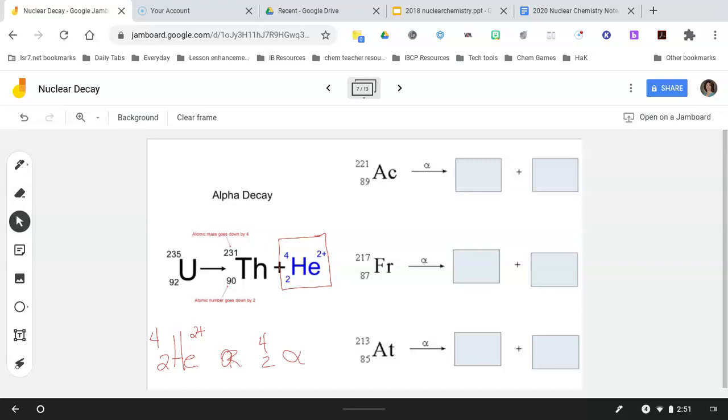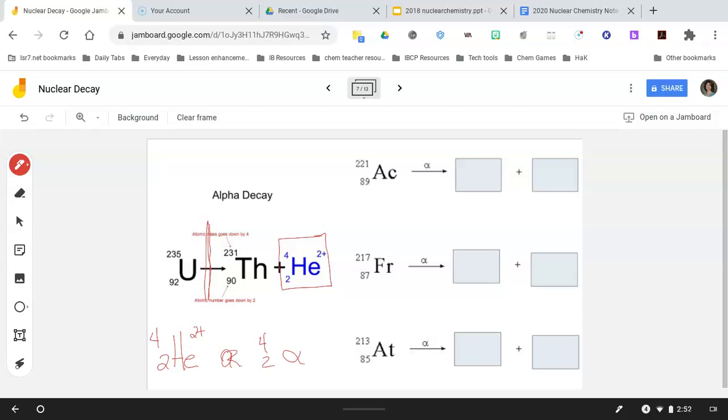So let's take a look at how a decay equation works. You kind of need to think of this along the lines of the law of conservation of mass. Mass isn't created or destroyed, but it can change forms. So I've got two sides of any chemical process. I've got the before and after. The before is called the reactants, and that's on the left.